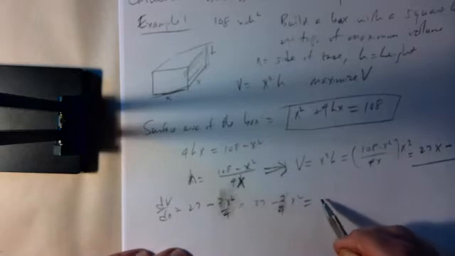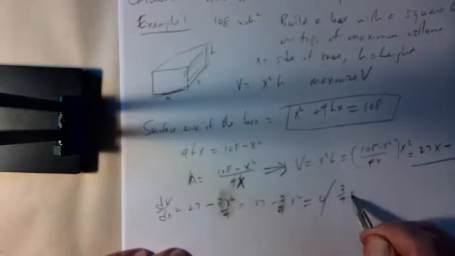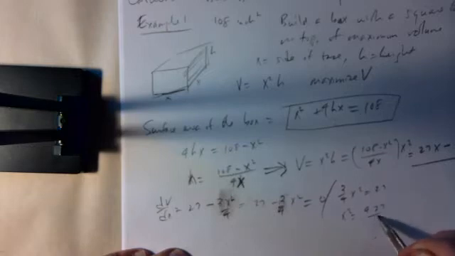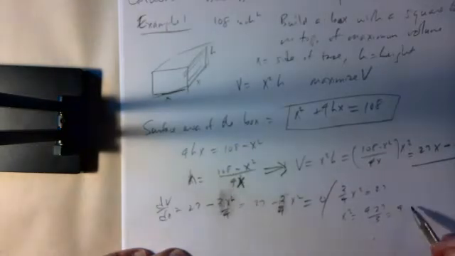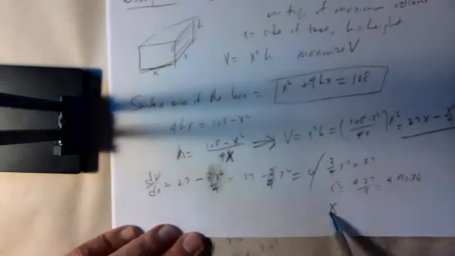And the critical number is when this is equal to 0. So 3/4 x squared equals 27. x squared equals 4 times 27 over 3, which is 4 times 9 or 36, which means x is equal to 6.